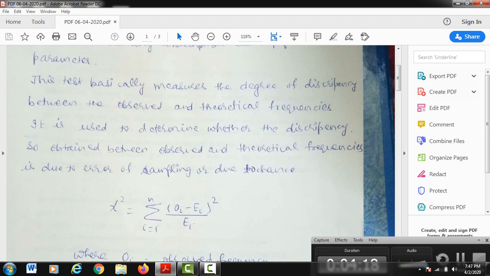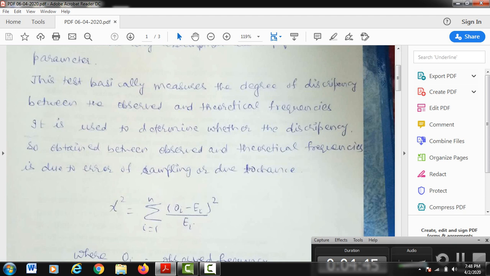How to evaluate expected frequency, I'll discuss with you when we do the numericals. The basic application of the chi-square test is to tell the degree of scatteredness between the observed frequency, that is the frequency which is already given in the question, and the expected frequency.